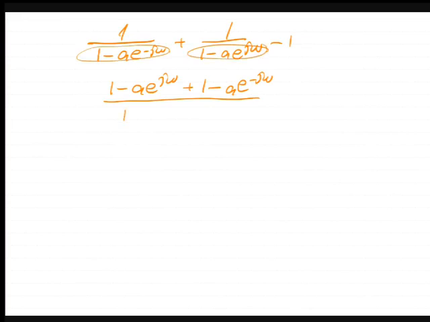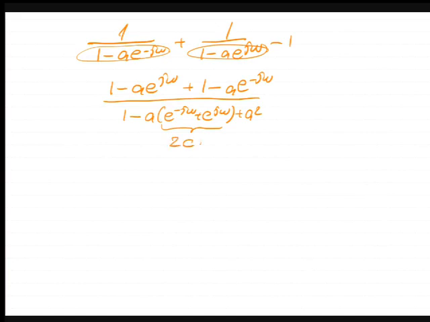So 1 minus a e to the negative j omega plus e to the positive j omega, and then the product a squared times e to the negative j omega times e to the positive j omega. So those cancel. So I get a clean a squared. And this also is a clean term, actually. Clean meaning real, I guess.